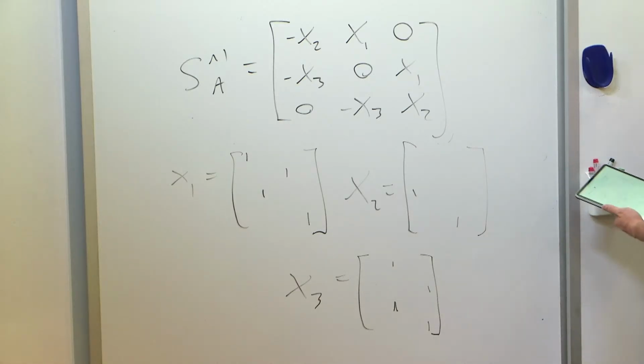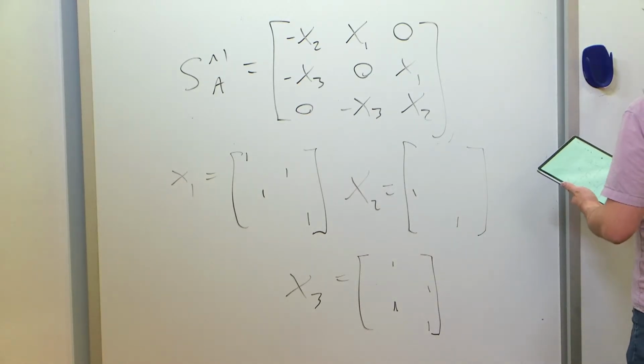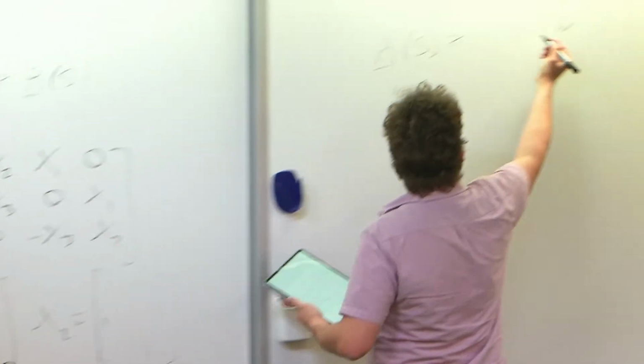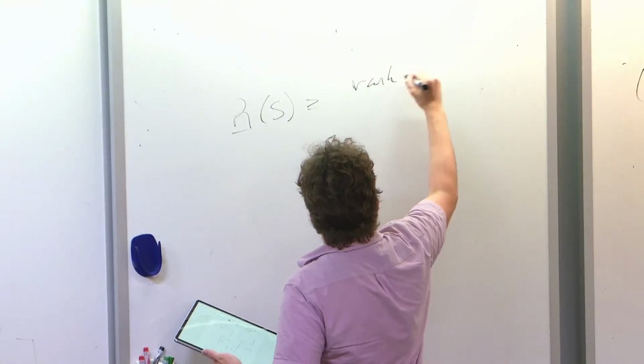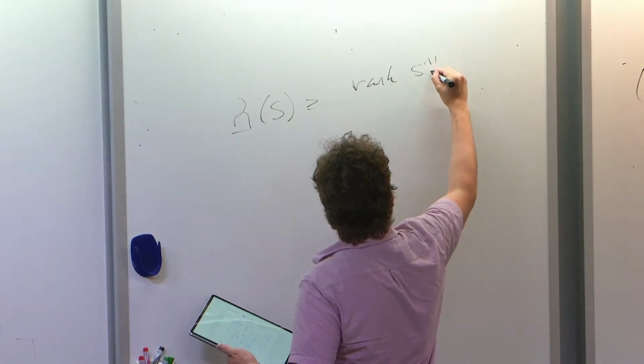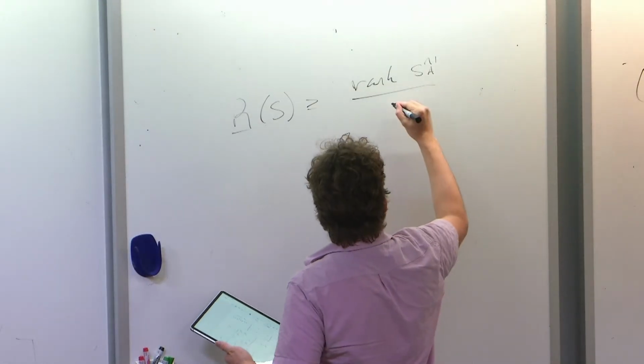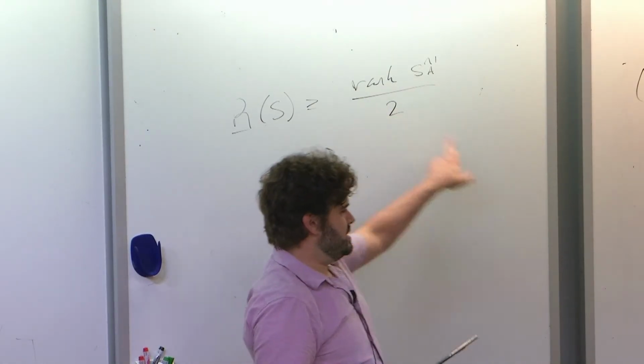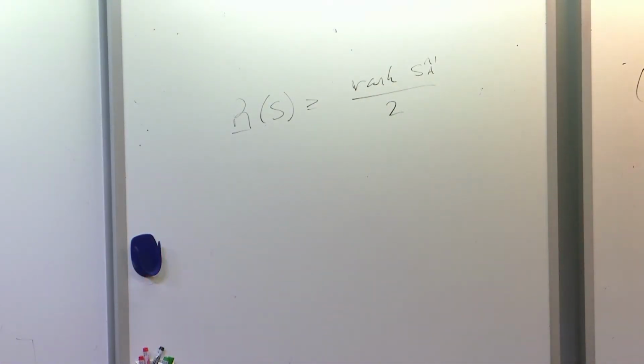So then what lower bound do we get? Well, we get the border rank of S is at least the rank of this, S wedge 1 A, divided by 2. This 2 is the dimension of the first factor minus 1.